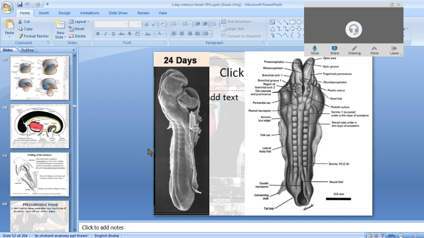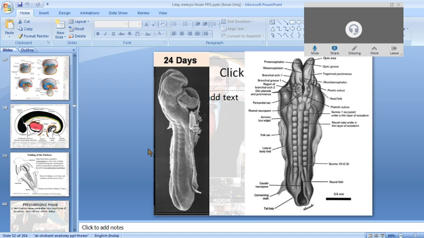So MCQ: the cavity of the cerebral hemisphere is known as the lateral ventricle. You can also say that the lateral ventricle is the cavity of the telencephalon. MCQ. Next, the cavity of the diencephalon is known as, yes, your answer is the third ventricle.